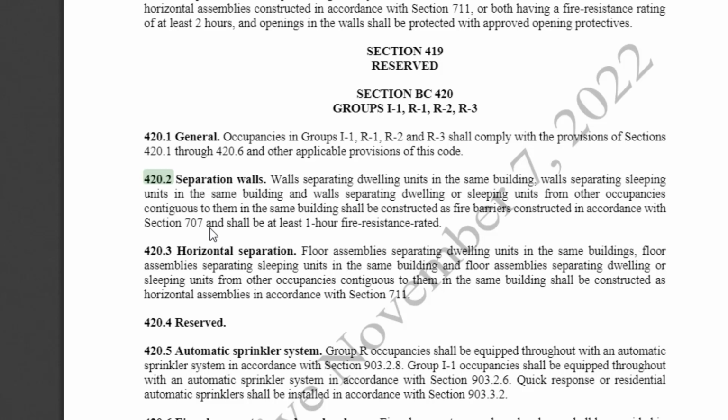So you could see that if you have two different units in the same building, it has to be separated by a 1 hour rated wall.